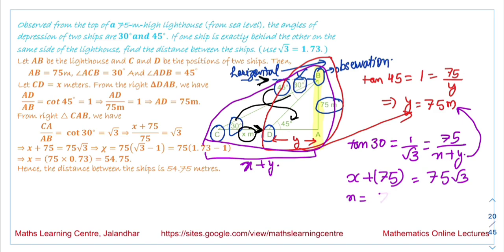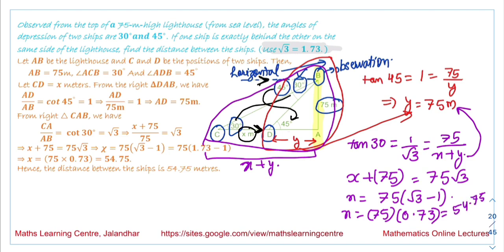So the value of x we get is 75 into root 3 minus 1. So x is equal to 75 into the value of root 3, which is given to be 1.73, so the answer we get is 0.73, and the value comes out to be 54.75 meters.